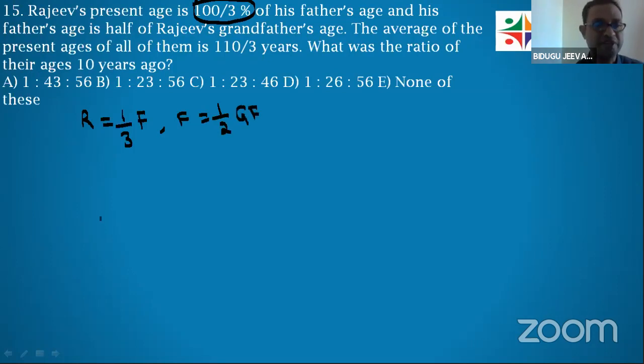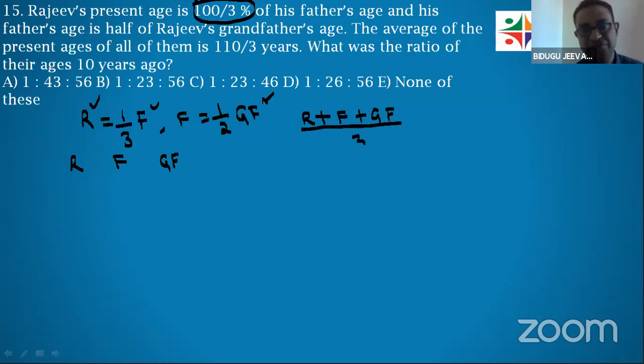How many people are available here? Rajiv, his father, and grandfather. The average present age of all of them is 110 by 3, so the sum of their ages is 110.